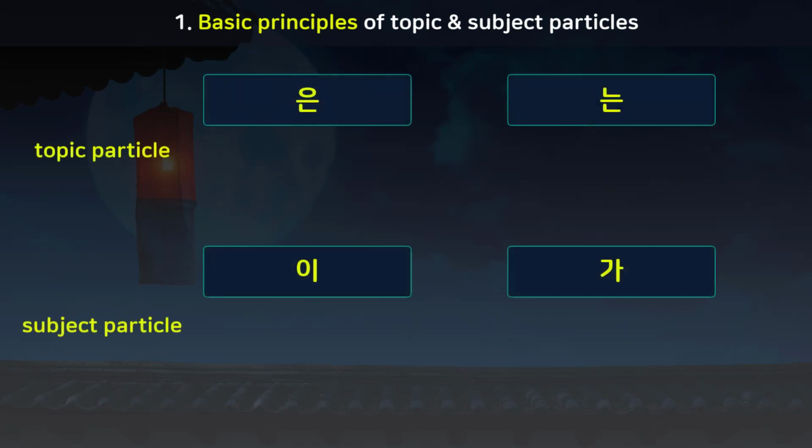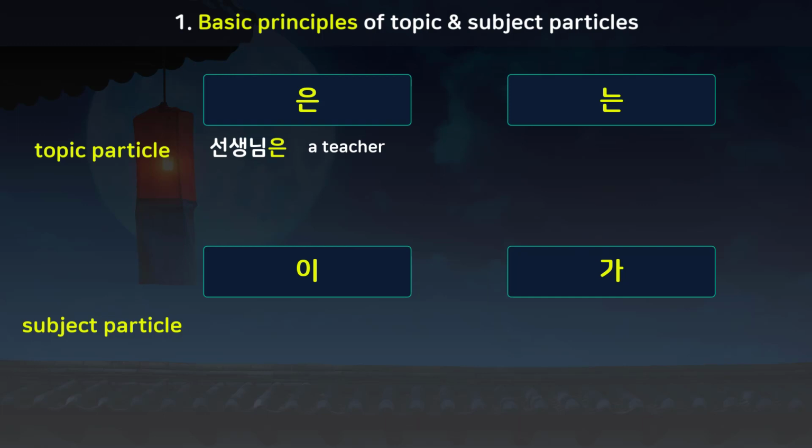Now, both of these particles have two forms, 은/는 and 이/가. And whether we use one or the other depends on whether the noun the particles are used with ends in a consonant, as in 받침, or not. In terms of topic particles, with the noun 선생님, a teacher, the final syllable ends in the 받침 미음. So we use 은 and say 선생님은.